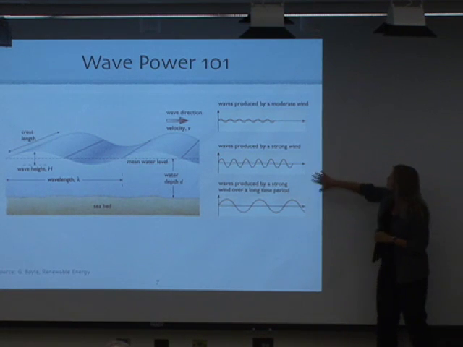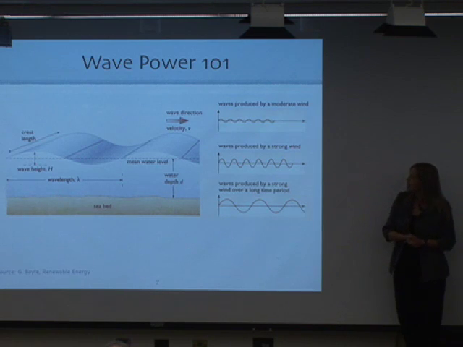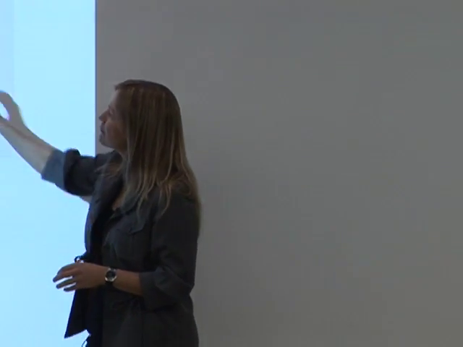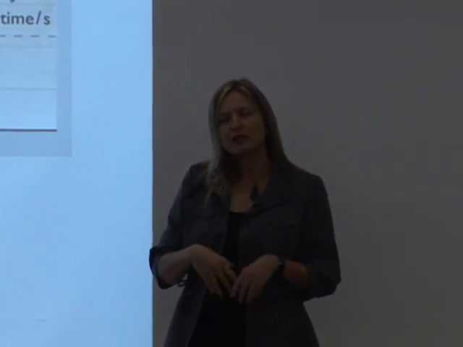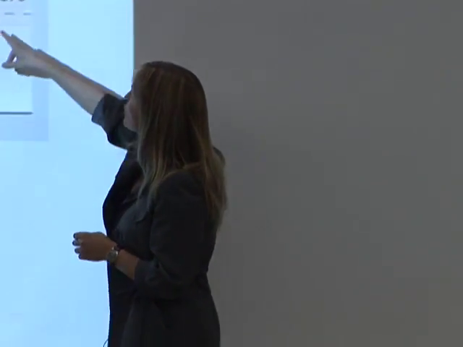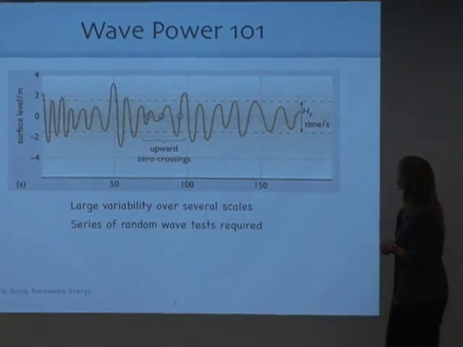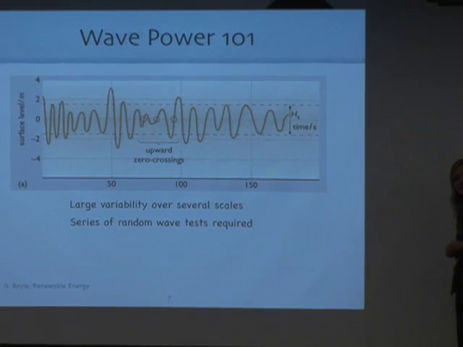So there's all sorts of different wave periods and wave amplitudes. Of course, in reality, it doesn't look like a beautiful sine curve. In reality, you have all sorts of different waves going on with different time scales. So when we're assessing a wave power resource, we don't look at one particular or a simple average of wave heights, but we look at something called HS, which is the significant wave height.